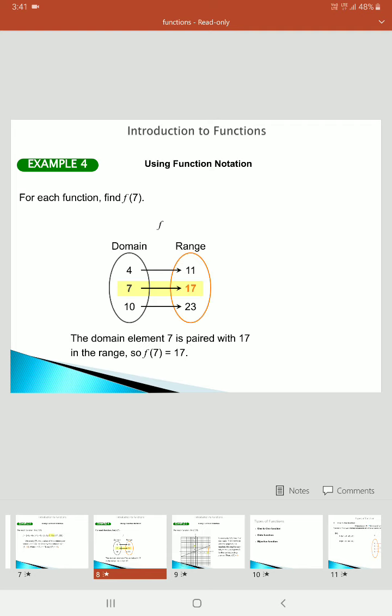Now example 4. For each function, find f(7). See the figure. So the domain element 7 is paired with 17 in the range. So f of 7 equals 17.